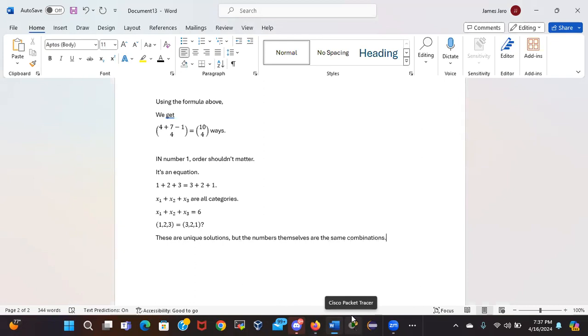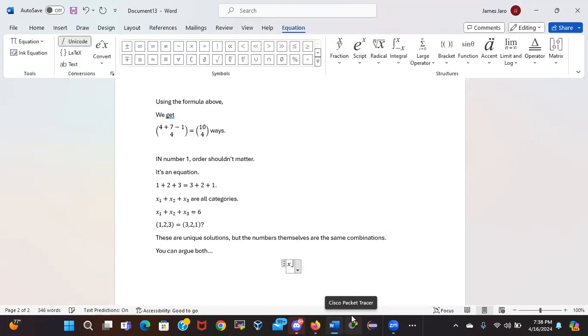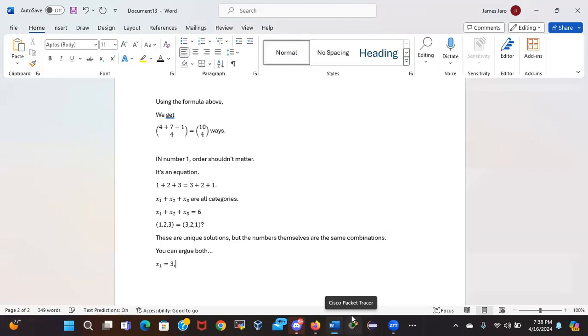That's kind of the thing. They're unique solutions, I guess, if you want to count x1 being one as not the same thing as x1 being three. You could argue both, I guess. x1 being three is not the same thing as one.